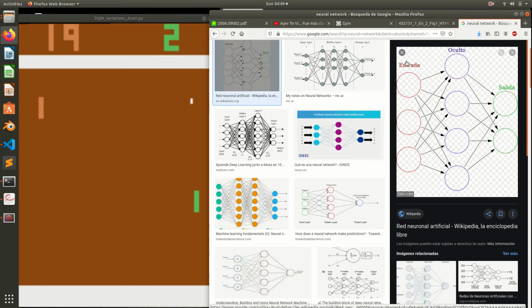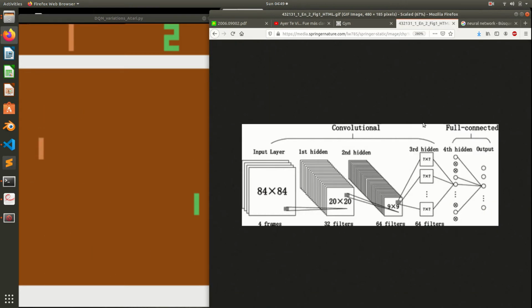We have here a layer called input layer, and hidden layers, and finally the output layer. So the image processed by the convolutional neural network is an input of the fully connected layers. So finally, these networks make outputs as a desired value of the neural network.